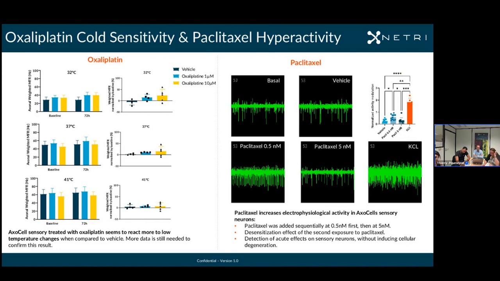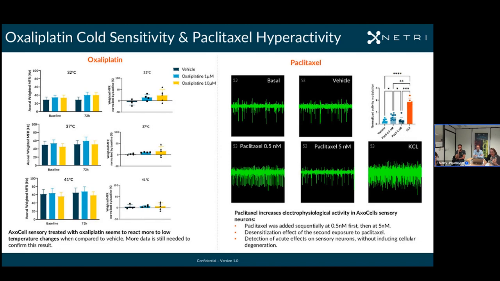For paclitaxel, we tested the direct response to the application of the compound. So you have here electrode views of axons. In basal, before the application of anything, and when we apply the vehicle, we couldn't detect any big change in the activity.